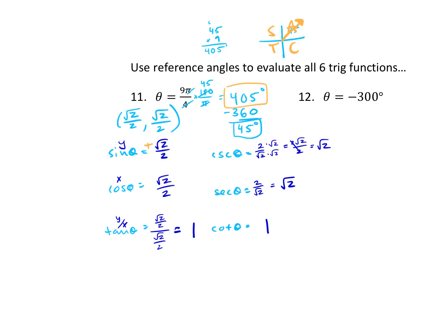So these are all positive answers. I'm going to put a little plus sign just to show us. You don't have to put the plus sign, but just so we know that we checked our signs, everything is positive in the first quadrant. So the last thing you want to do for these questions is check your signs. Use your all students take calculus, figure out what's positive, what's negative. Any questions here?